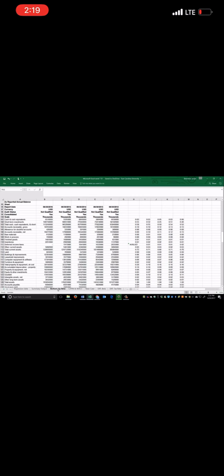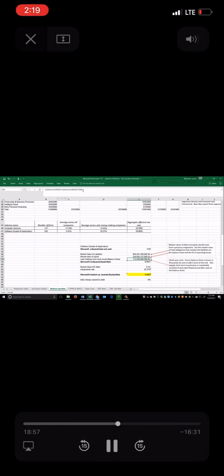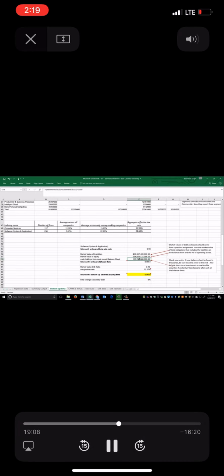And so I go back to my bottom-up beta, and I've used cells 101 and 102. And then please note that I've multiplied by 1,000 because, as you know, Mergent Online statements are all shown in thousands. And since my market value of liabilities and equity are shown in full force, so to speak, I need to make sure that my cash holdings are also in full force, or the actual number.